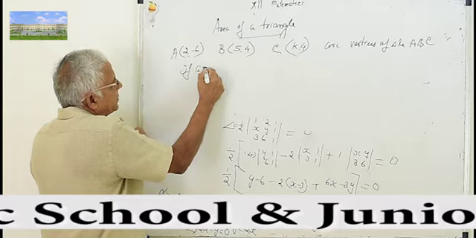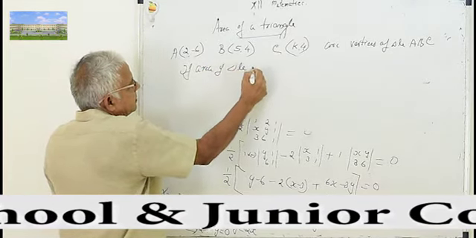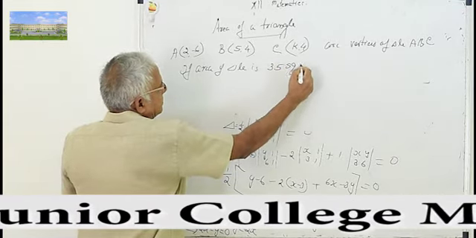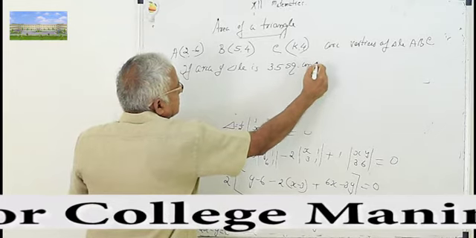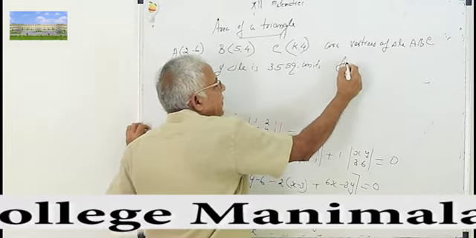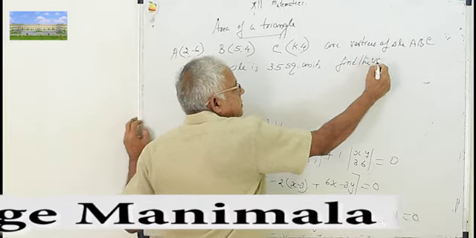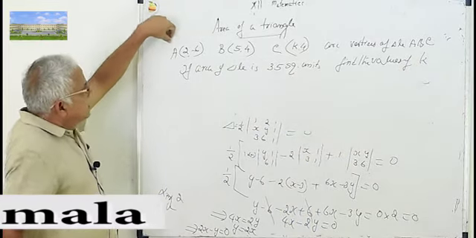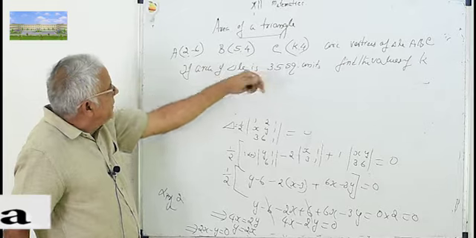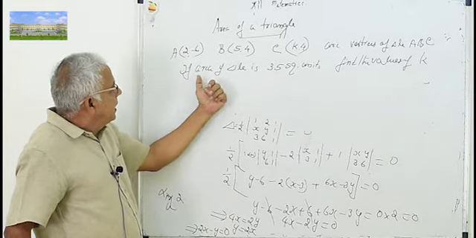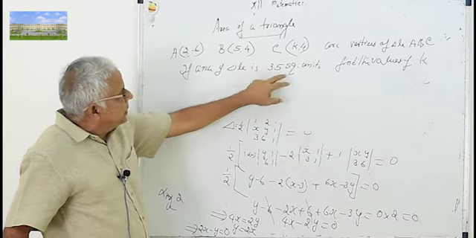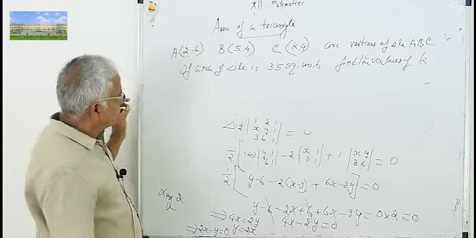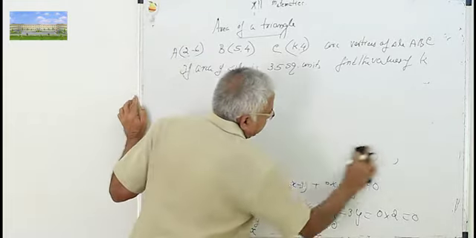If the area of the triangle is 35 square units, find the values of K. ABC are 3 vertices of a triangle, and given the area of the triangle is 35 square units, find the value of K.